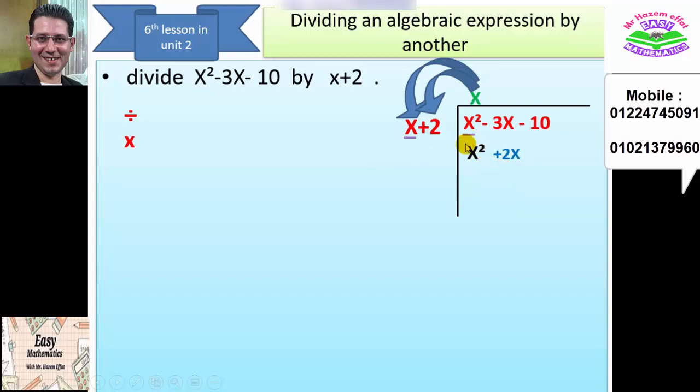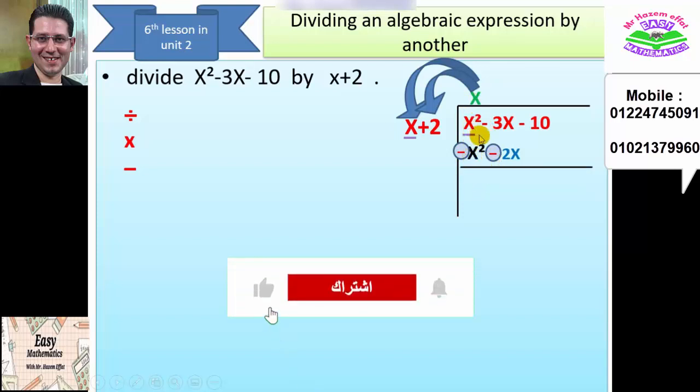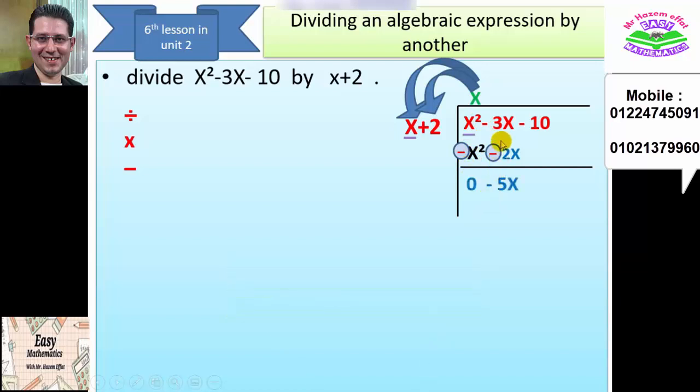This sign will be changed to negative, so both of them are negative, and then we add them. x power 2 minus x power 2 equals 0, and negative 3x minus 2x equals negative 5x.